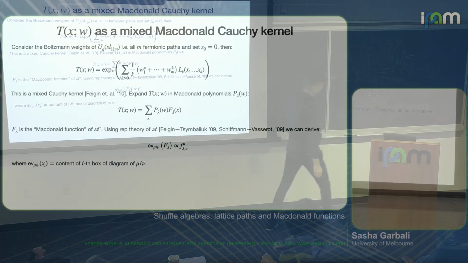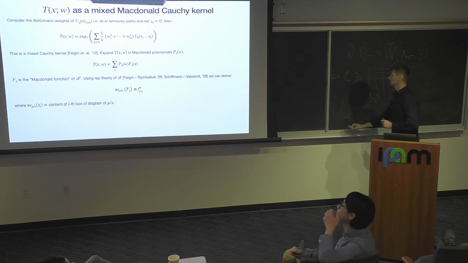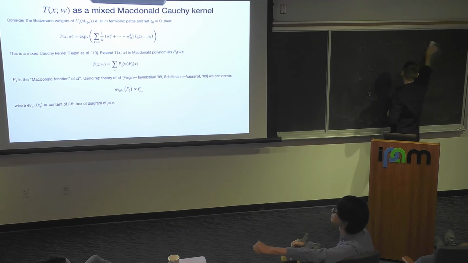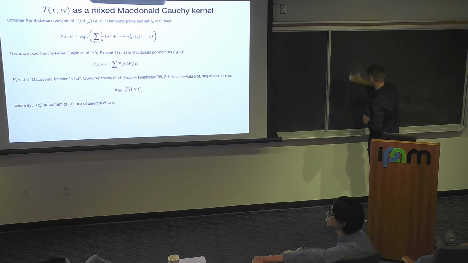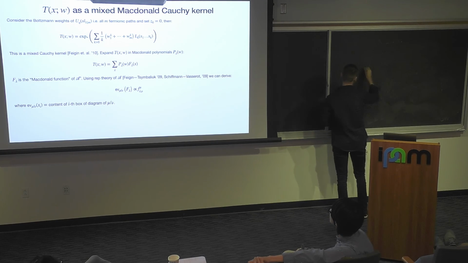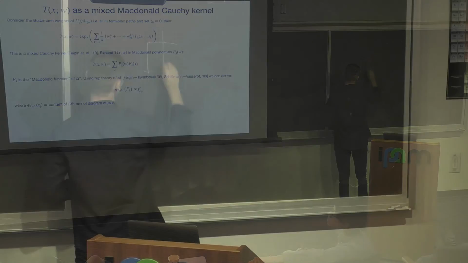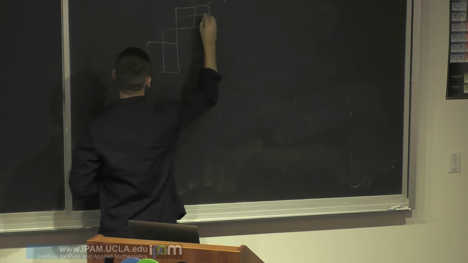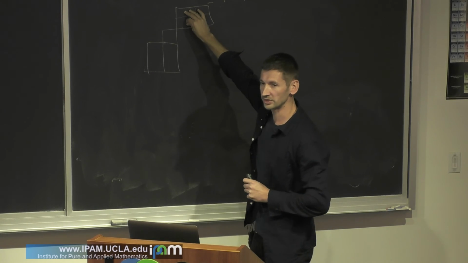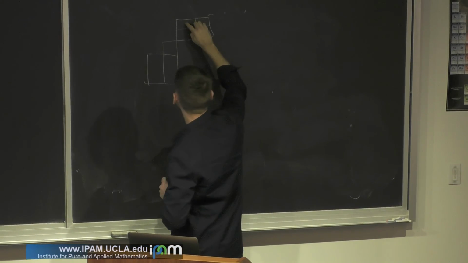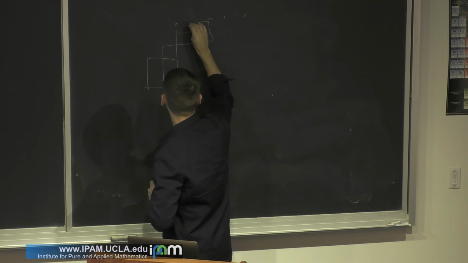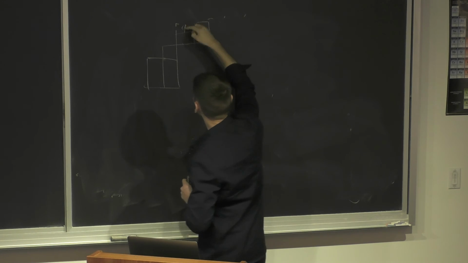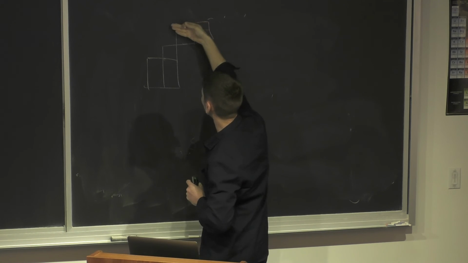You choose an arbitrary skew Young diagram, mu over nu. And these boxes, they have content. So for example, this box has content which is given by a power of q and t. So this is q to the power, the number of boxes to the left.